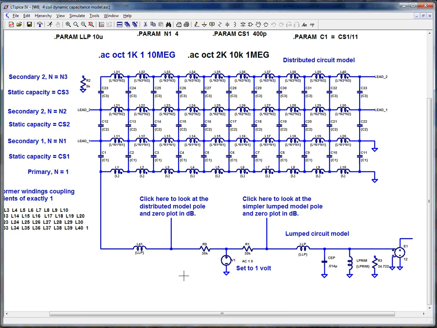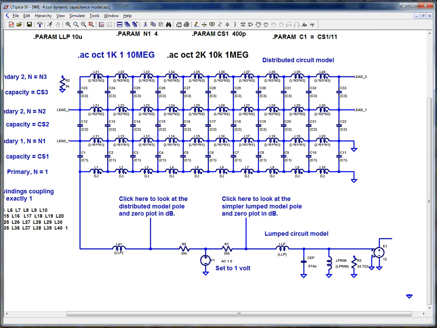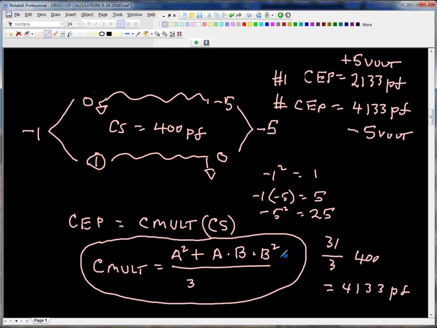And now we're going to calculate this one for you. Go back here. We'll move down the page this time. Now this model is much closer to a real high voltage transformer because it's got more windings on it. So here we go.